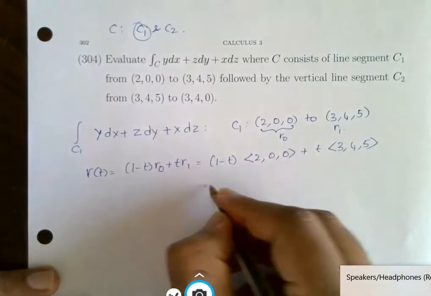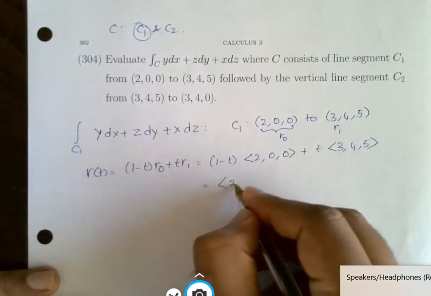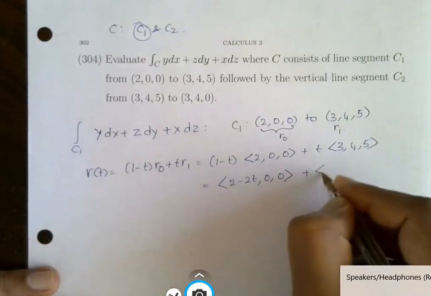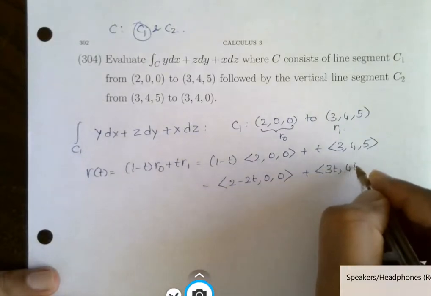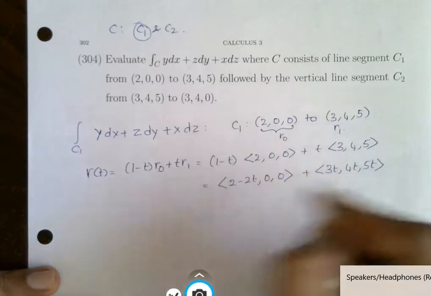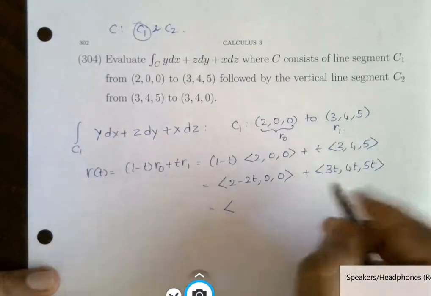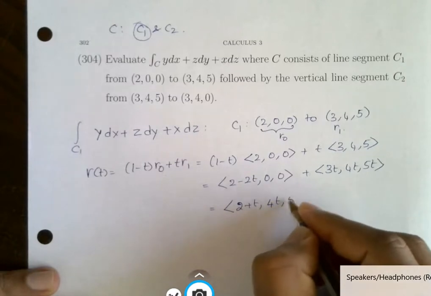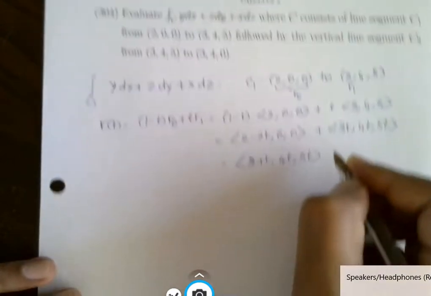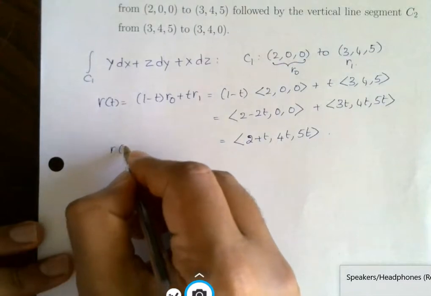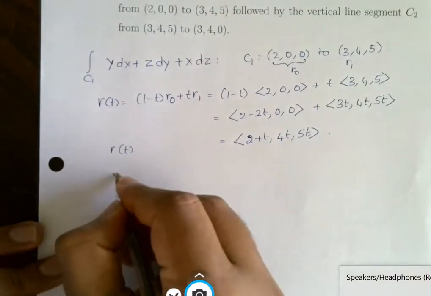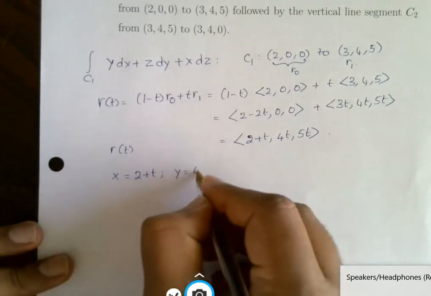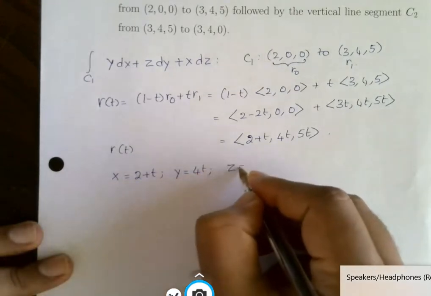That gives you (2 minus 2t, 0, 0) plus (3t, 4t, 5t), so that's (2 plus t, 4t, 5t). This is your r of t, which means x is 2 plus t, y is 4t, and z is 5t.